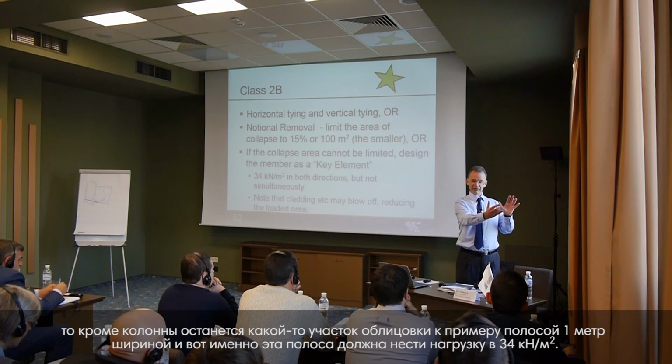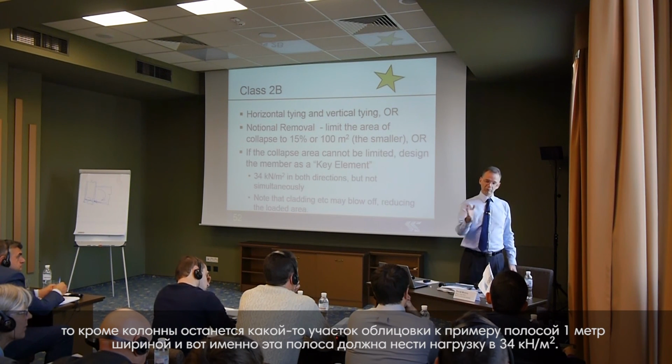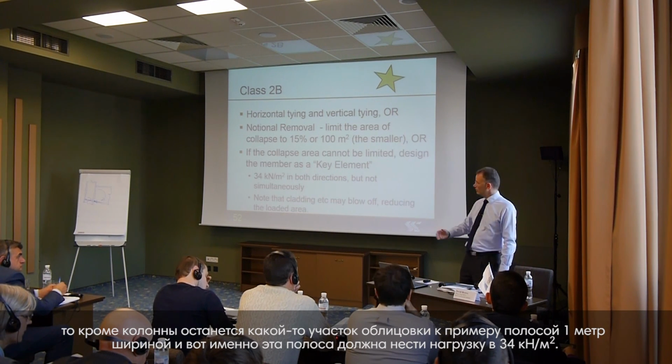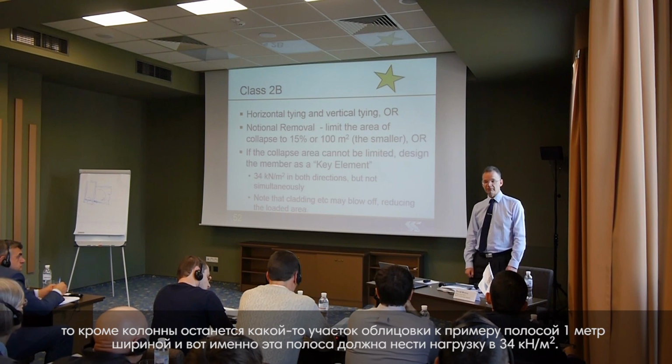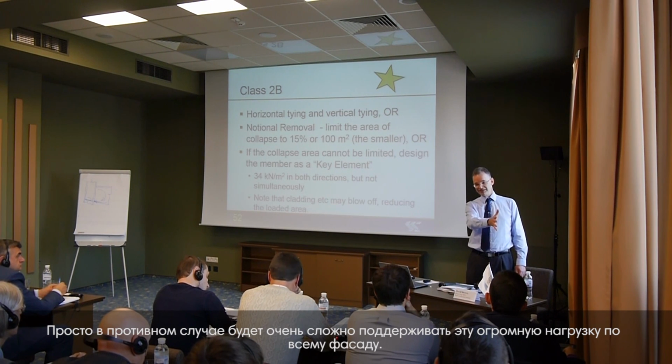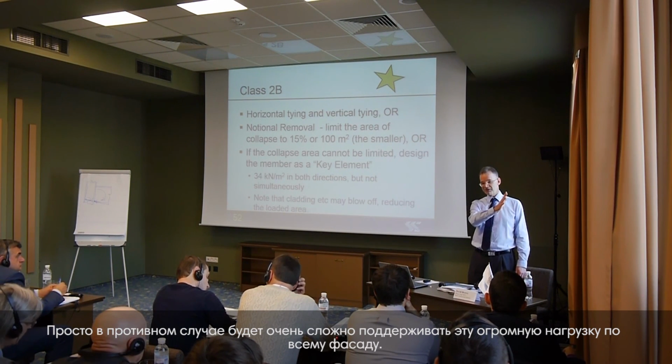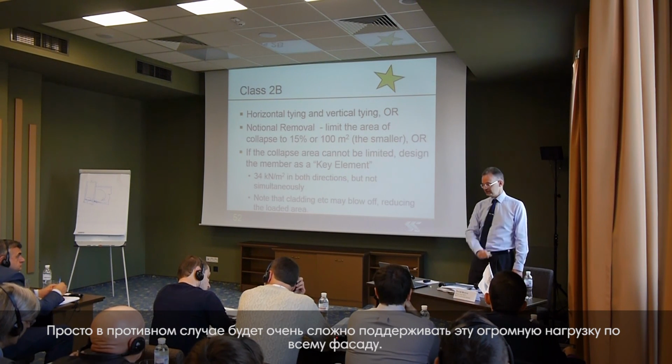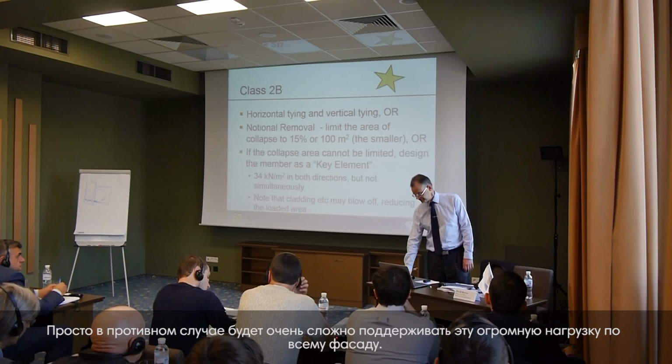Maybe that strip of cladding is 1 metre wide, and I will design that 1 metre wide strip for 34 kilonewtons per square metre. Otherwise, it will be very, very difficult to sustain 34 kilonewtons per square metre on the whole of an elevation. A very difficult job indeed.